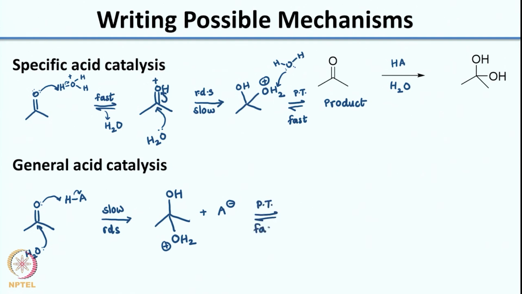This would be fast to give you your product. Alright. So, these are hypothetical possible mechanisms that we have written to show how the reaction will take place had it gone by specific acid or general acid. So, this just shows you how the mechanisms would look in each of these cases.